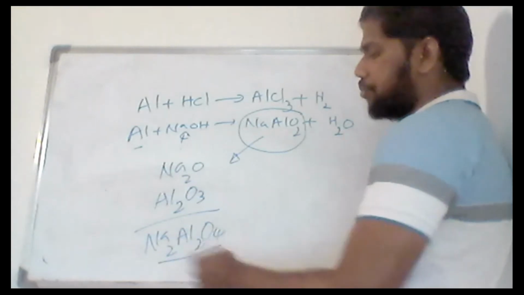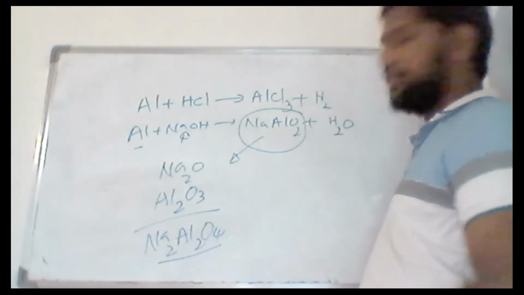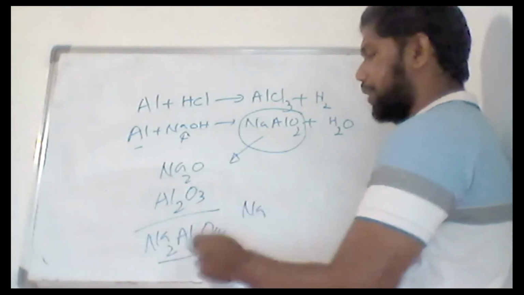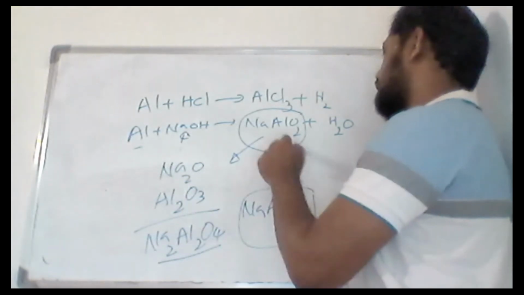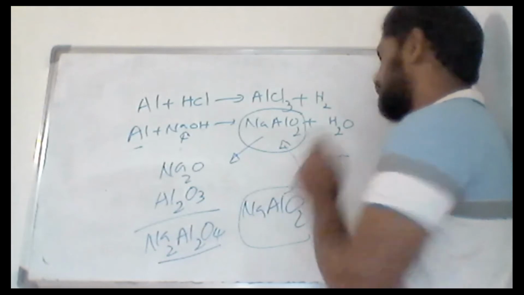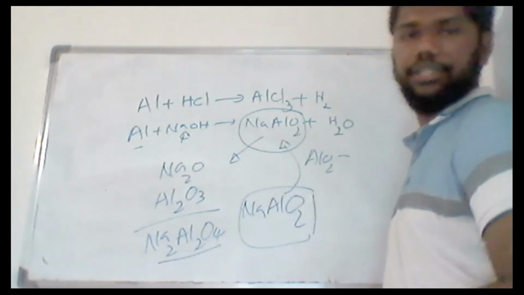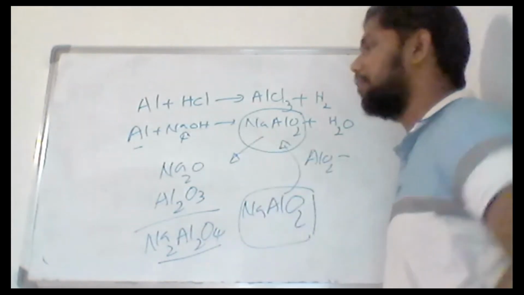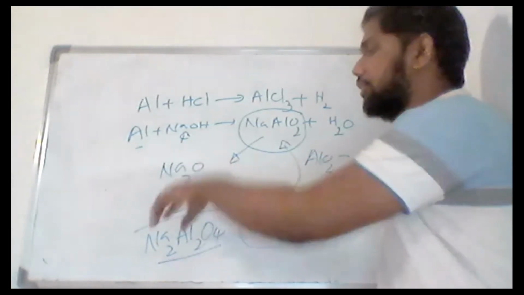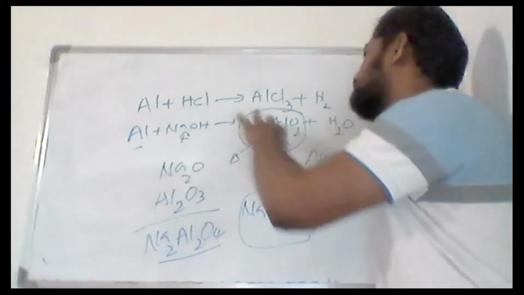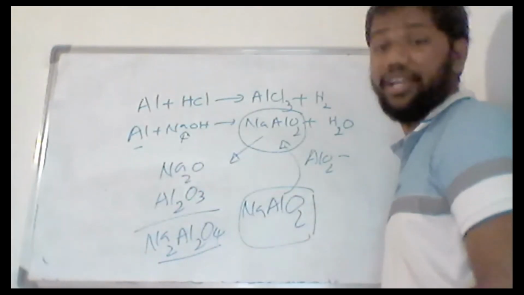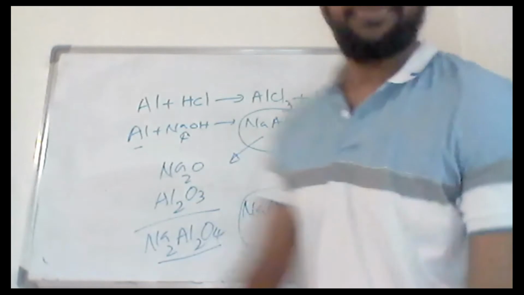Then you take the lowest stoichiometric ratio, so this will be 1 sodium, 1 aluminium, and 2 oxygen. So this is the aluminate, AlO2 minus, that is going to form. That is how sodium aluminate comes. This is just a small trick to identify it, but if you know the reaction well, that is the easiest way to identify this product.